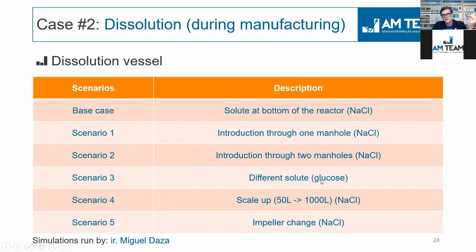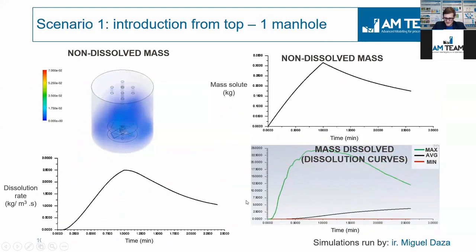Of course, the glucose dissolution rate is much lower than sodium chloride. We looked at how the introduction strategy through the manholes impacts performance, 1 manhole, 2 manholes. We looked at the scale, a 50-liter vessel versus a 1,000-liter vessel. And we also did something with the impeller. So let's take a look at this.